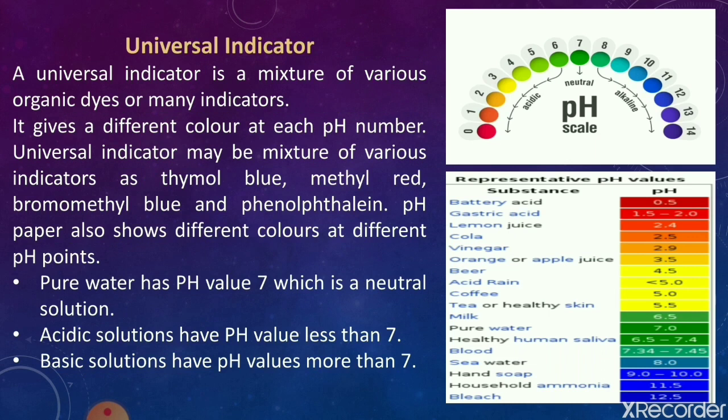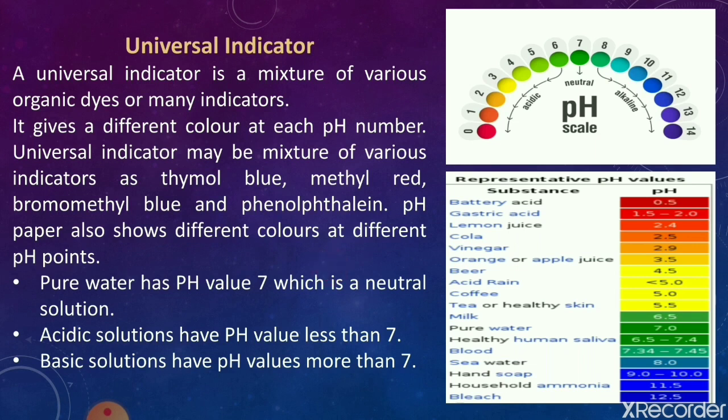At point 1, suppose the pH scale is showing 1, it means the solution is very strongly acidic, a lot of hydrogen ions are present in that solution. If it is in between 13 to 14, and we can say at 14, then it means very few hydrogen ions are present, and it means that solution is very strongly alkaline, a strong alkali, or we can say basic.